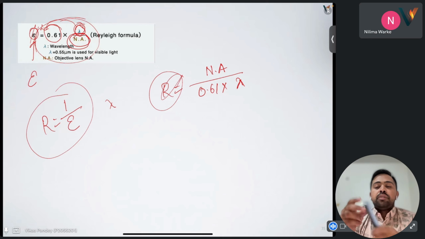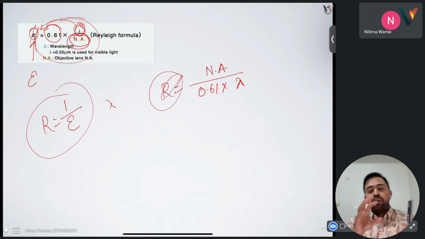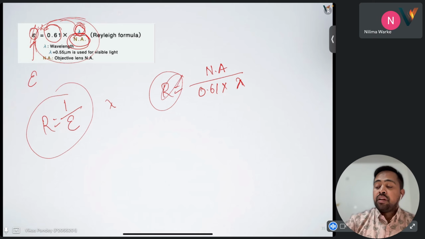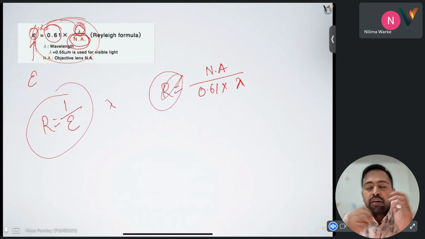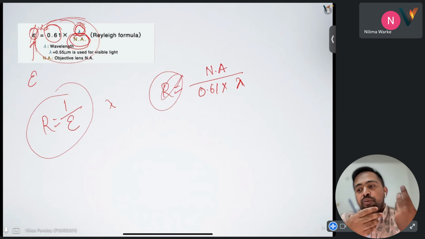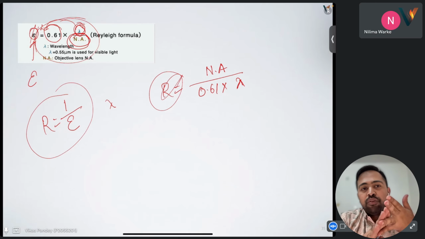Higher numerical aperture will be able to capture more area. You see that with the same resolution of cameras, when we use DSLR cameras and when we use the same resolution in our mobile, we get different kinds of photos, though the light source is the same. So what is the difference?